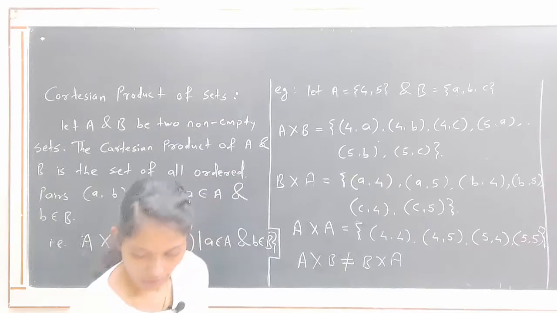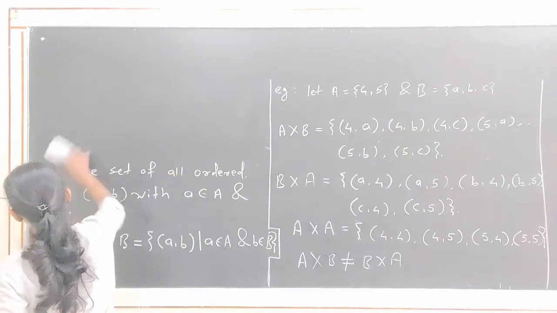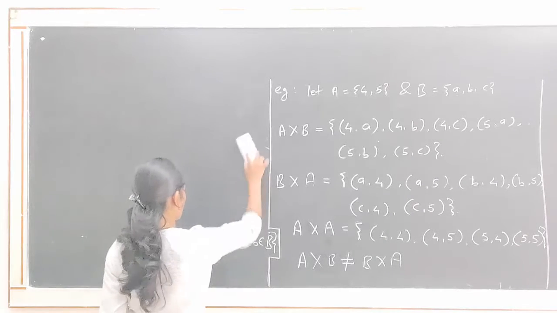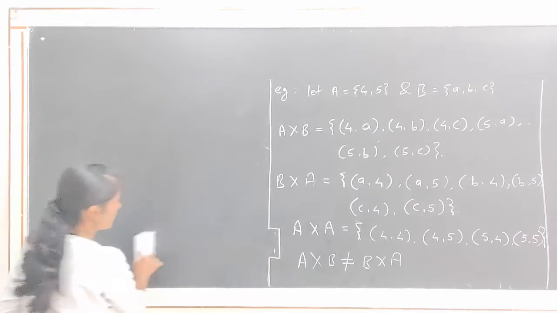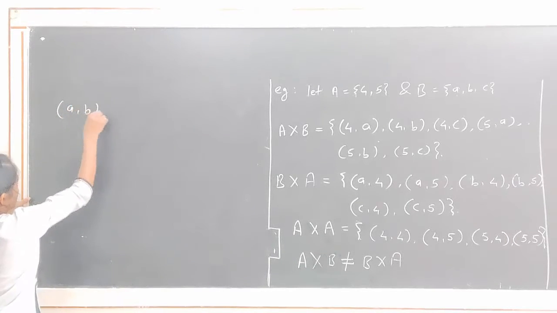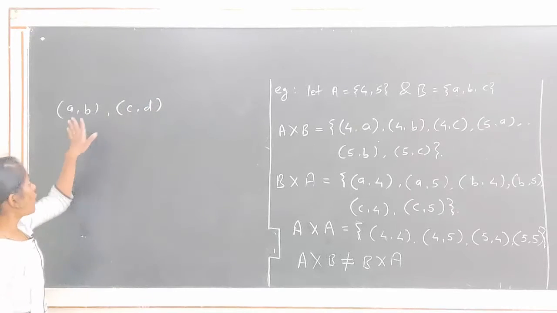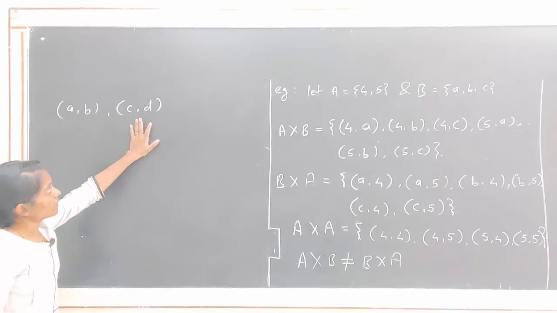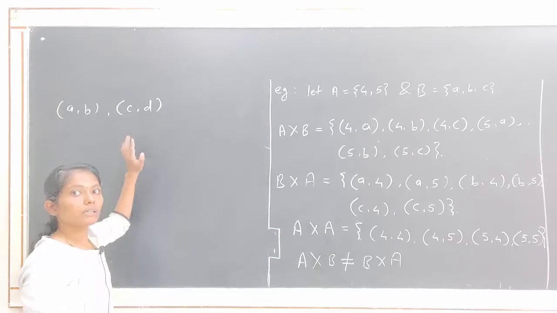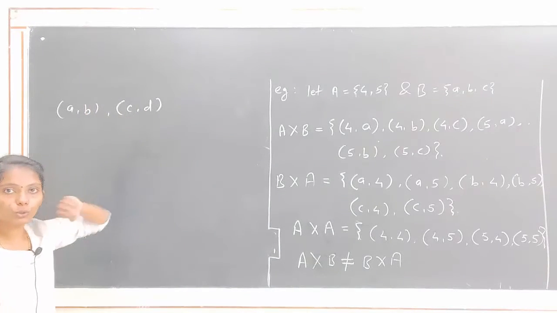Okay. Now, again in the Cartesian product, we consider the ordered pairs (a, b) and (c, d). If we consider the two ordered pairs (a, b) and (c, d), right? So here we say that ordered pair (a, b) and ordered pair (c, d) are equal if and only if a is equal to c and b is equal to d.